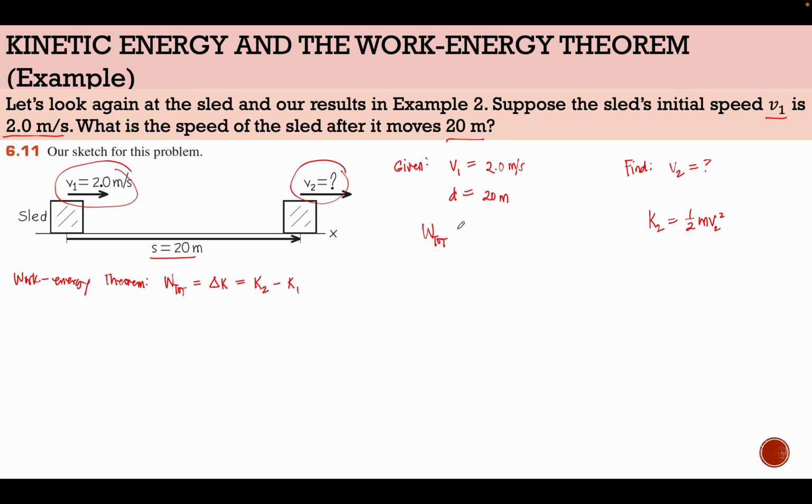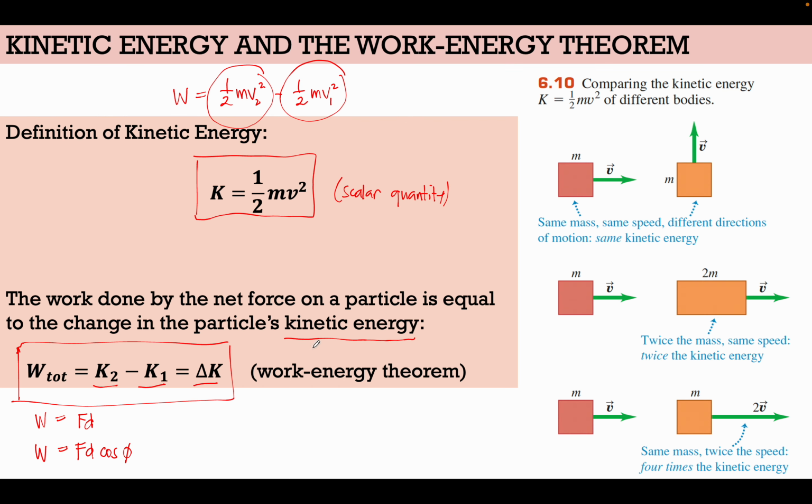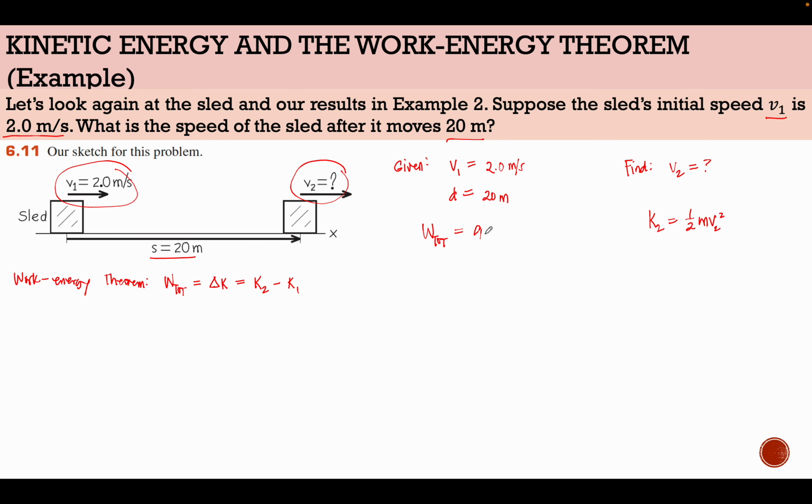Let's look at the previous slide. This is our total work done for example number 2. Total work done is 9,968.47 joules.